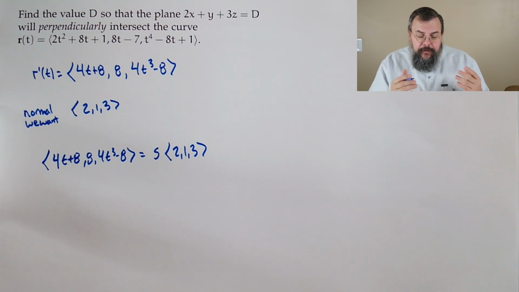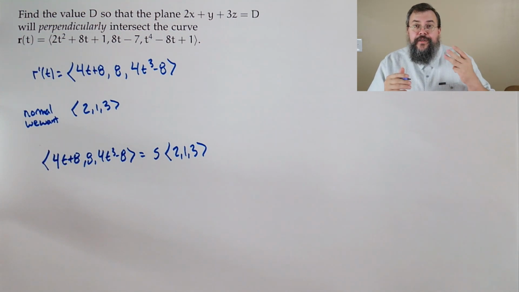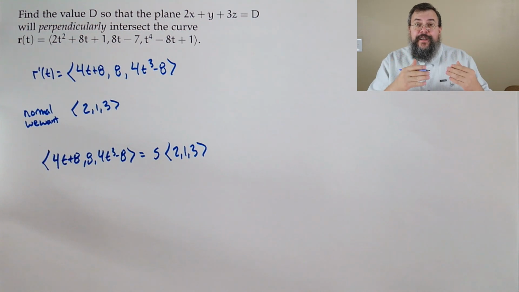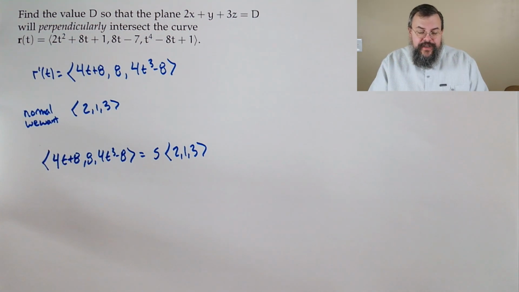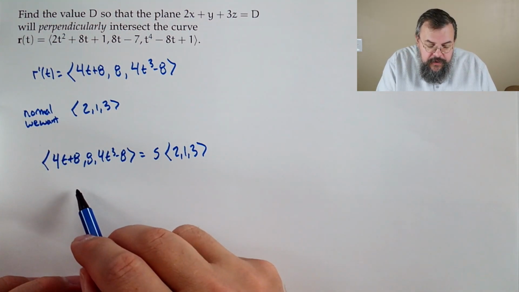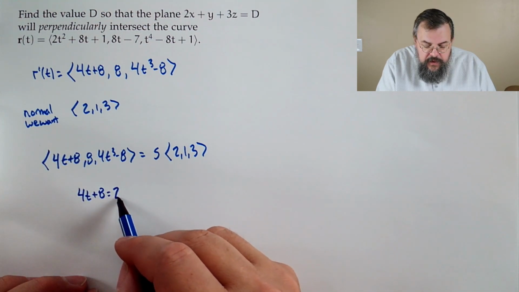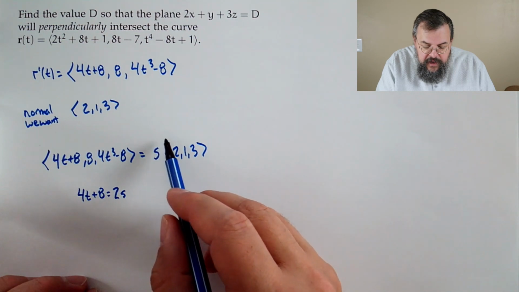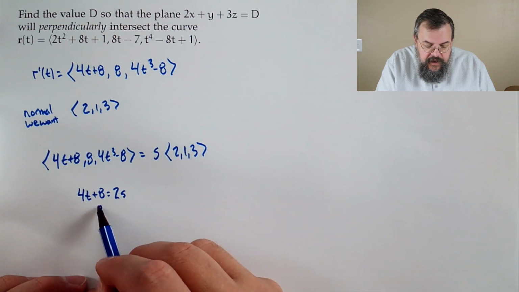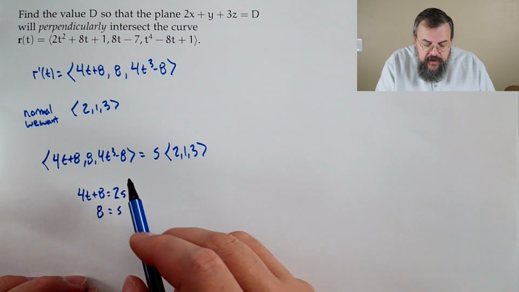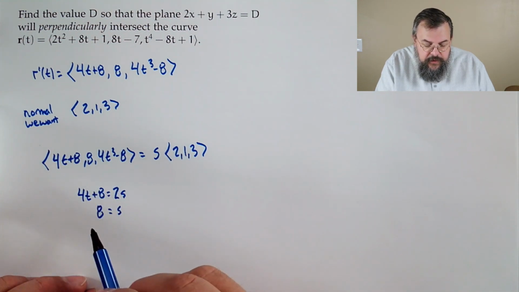Now, really, that gives us 3 equations, right? Because we work component by component, entry by entry. So we need 4 times t plus 8 to equal 2 times s, because this s goes through. We need 8 to equal s, because, again, it goes through.